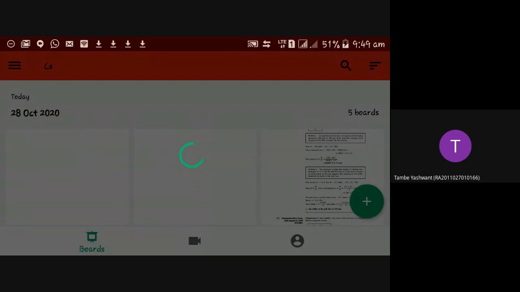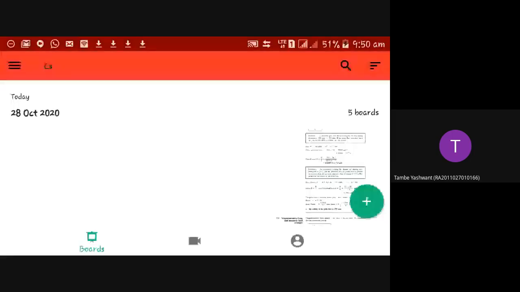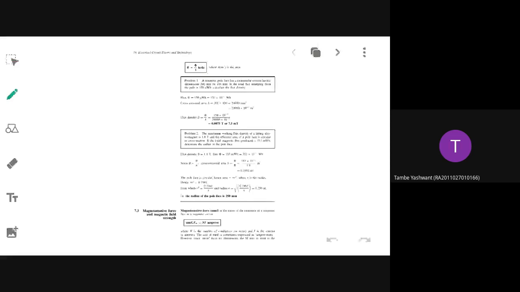Basically, all these things are covered in the book I told you: Basic Electrical, Electronics and Computer Engineering by Salivahanan. That book covers everything.